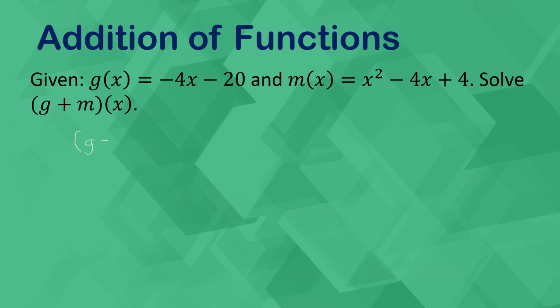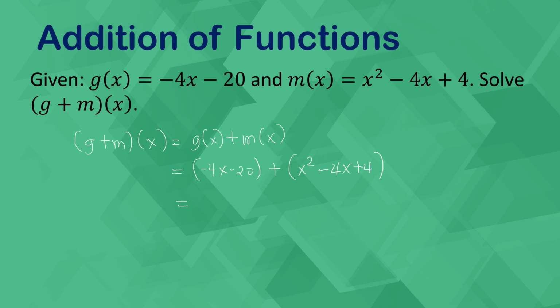So g plus m of x is equal to g of x plus m of x. We substitute the given functions, negative 4x minus 20 for g of x, and x squared minus 4x plus 4 for m of x. Then we combine like terms.